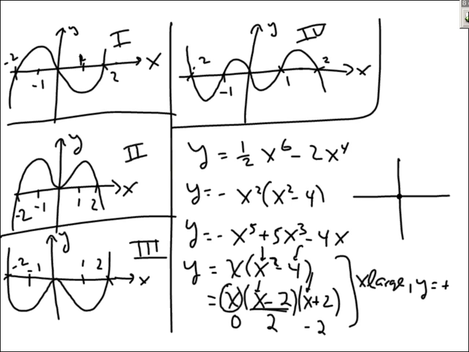We know we cross at 0, -2, and +2. And since all the powers are understood to be odd, namely 1: x to the 1, x minus 2 to the 1, times x plus 2 to the 1.